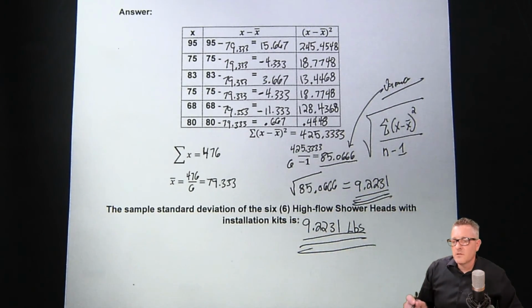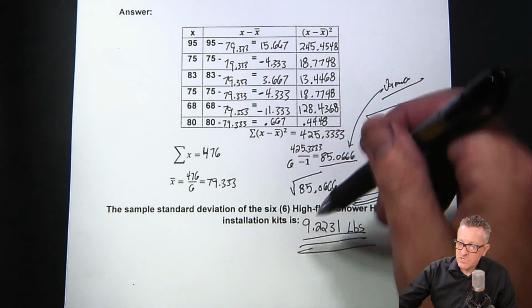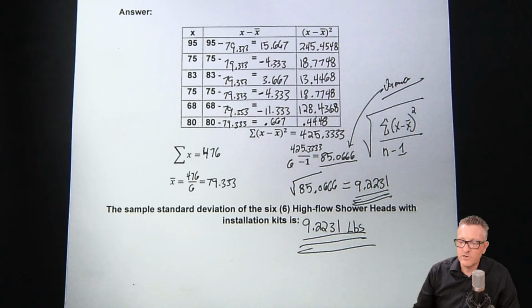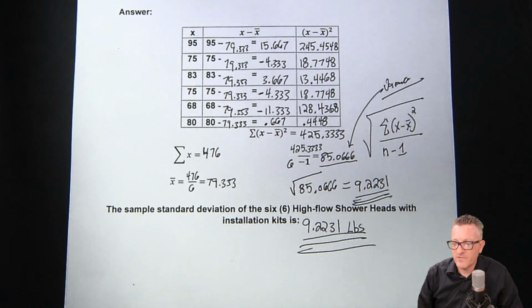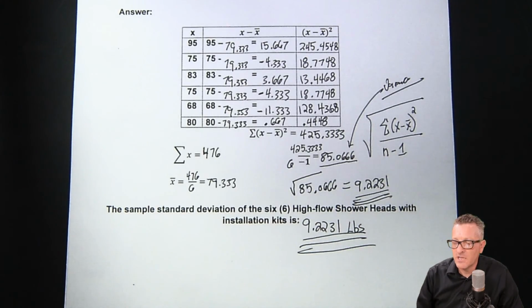We always want to put it in a term so that we understand what the answer is, and we say, well, the standard deviation of these high flow shower heads is about 9 pounds actually. So the kits have some differences in their standard deviation and how much they weigh.